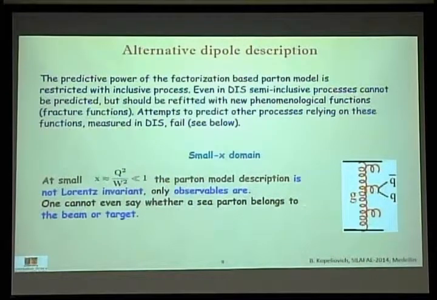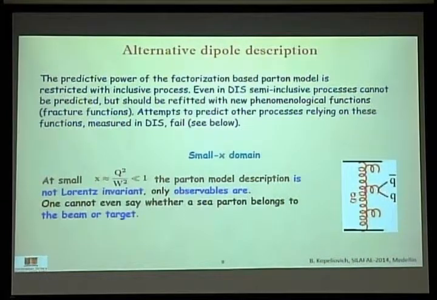For instance, if we produce a couple of c quarks as a fluctuation, who is the owner? Do they belong to the beam or to the target? It depends on the reference frame. Being in the rest frame of the target, all fluctuation is produced as a quantum fluctuation of the beam.